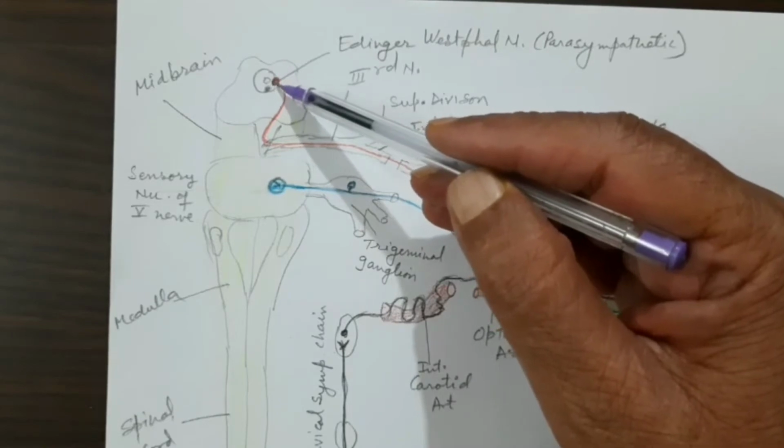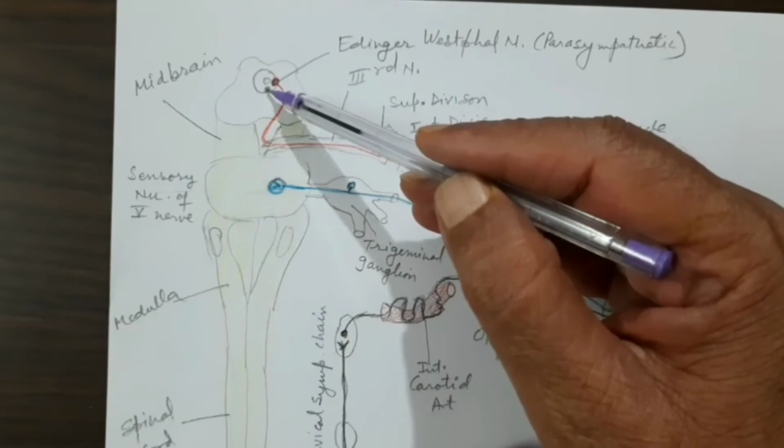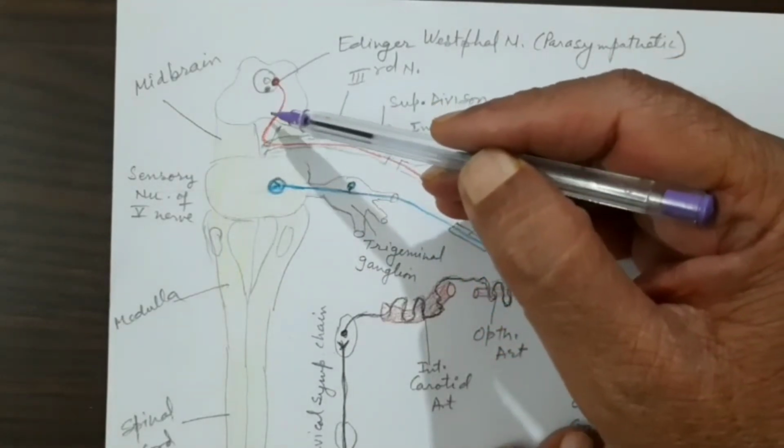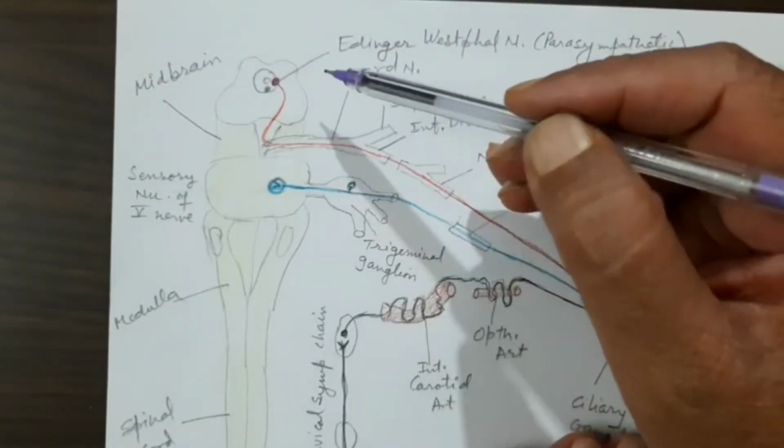Thus, this is a parasympathetic nucleus, that is the Edinger-Westphal, while this oculomotor nucleus is the third cranial nerve nucleus. Both are placed close to each other.